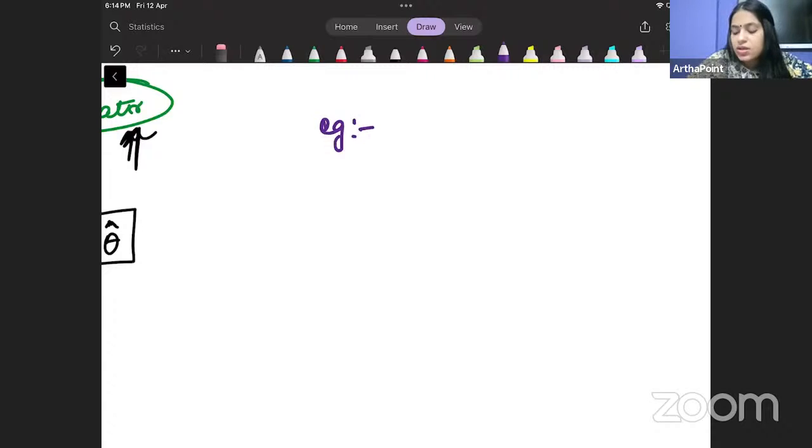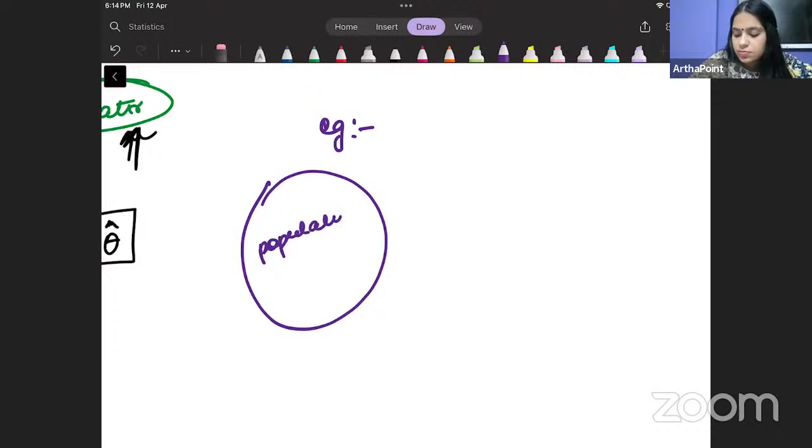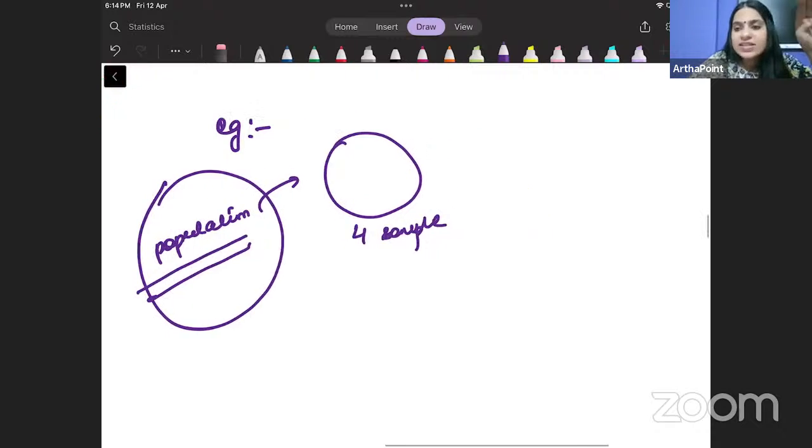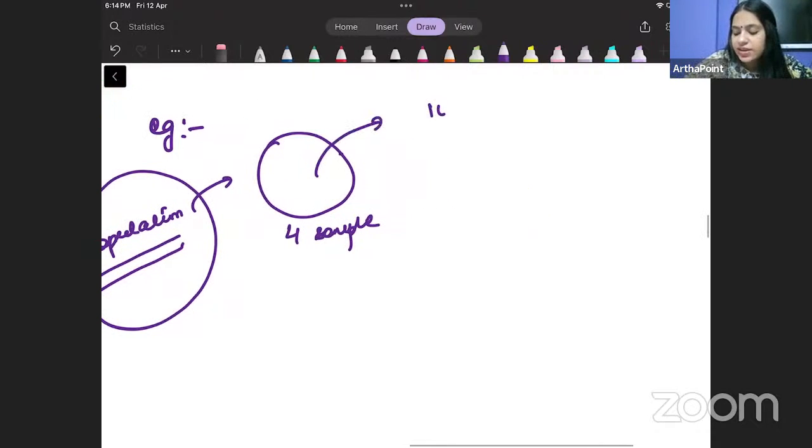Example. Suppose I tell you मेरे पास एक population है. And I tell you कि इस population में से बेटा I have gone ahead and I have taken 4 values, जिसका मैंने एक sample बनाया. And I tell you that these 4 values that I have taken are 10, 12, 14, 10. ये 4 values मुझे मिली, sample इन 4 values का है.